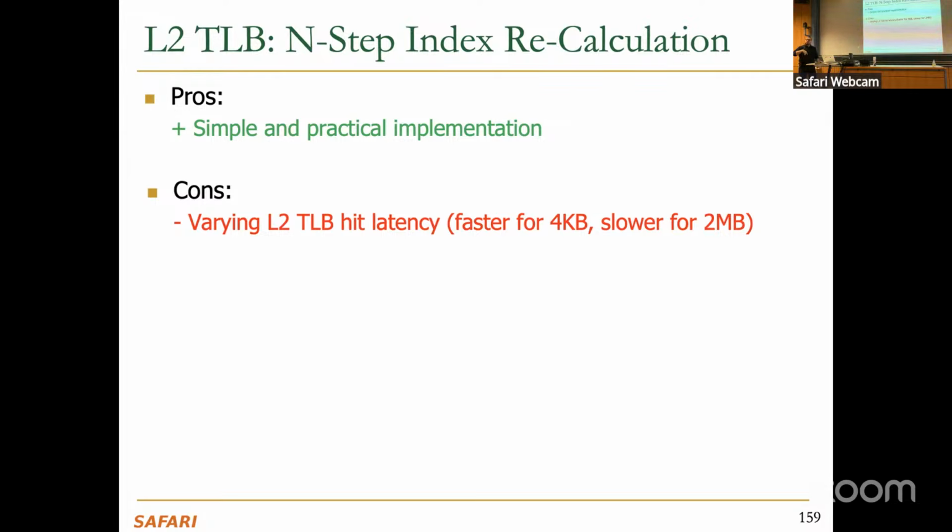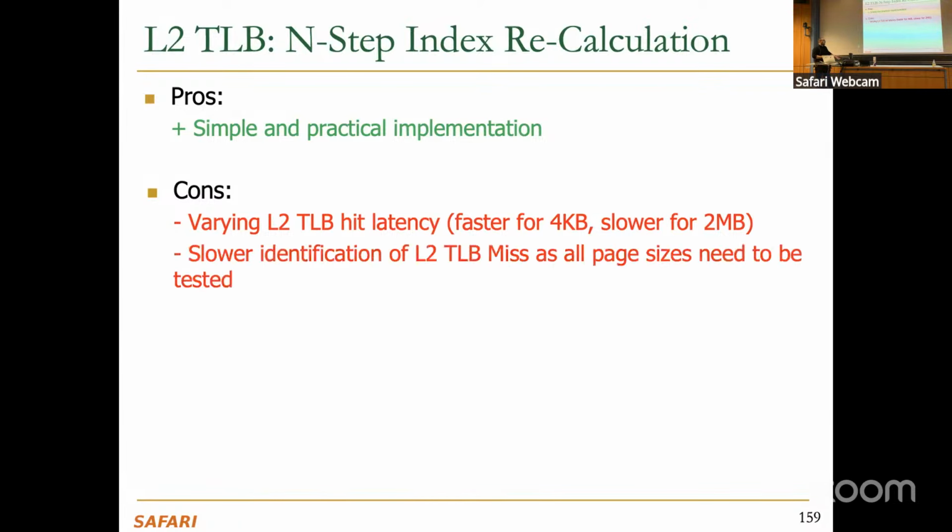If you hit for 2 megabytes though, you have gone through the step of probing for 4 kilobytes, which makes hitting slower. Also, it's much slower to identify if you have a miss. To identify a miss in the L2 TLB, I need to probe all the sizes one by one until none of the sizes correspond to a tag match. Is that clear?